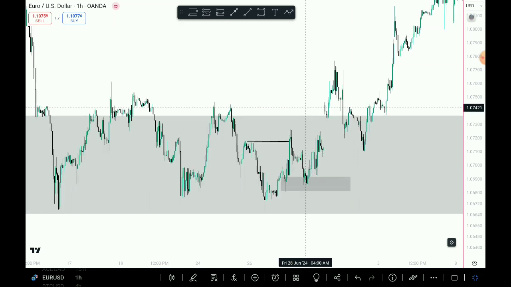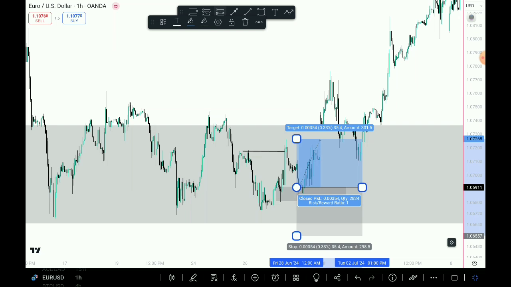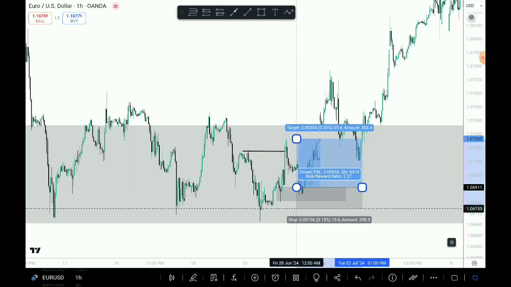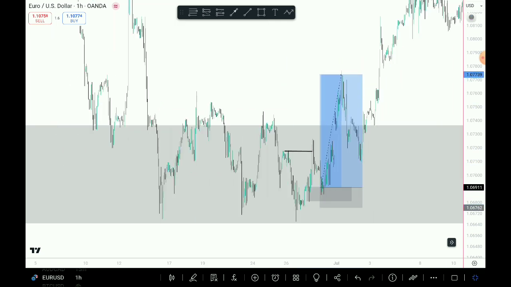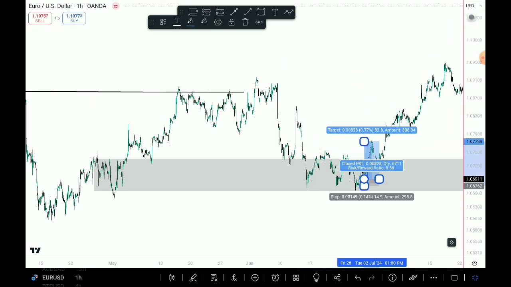That is when I realized the market broke this high here. I will outline that order block, and then I'll put my entry here, and my stop loss would have been below the order block like this, and my take profit would not have been here.